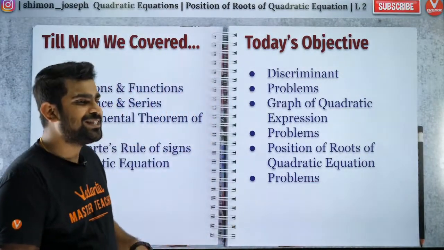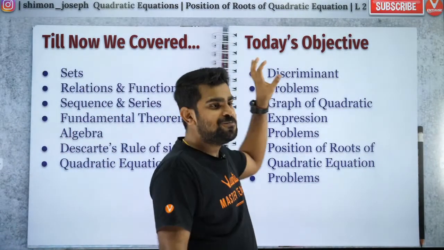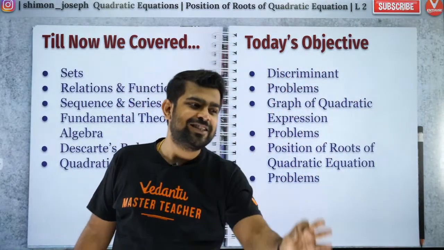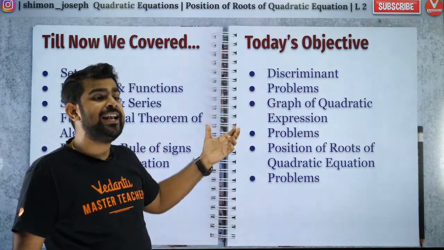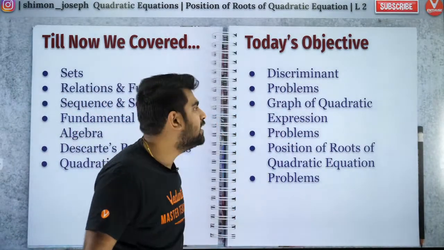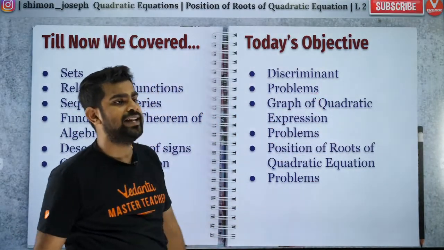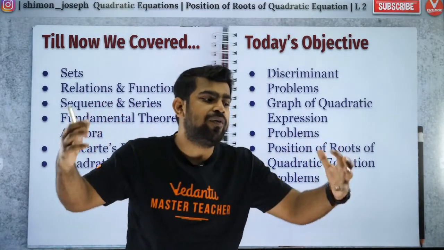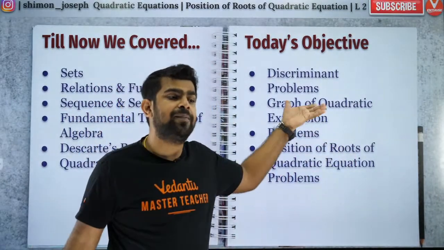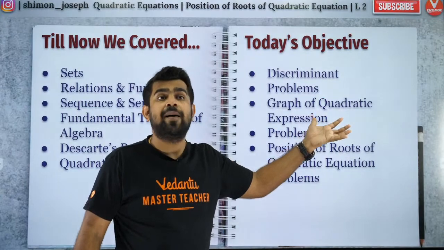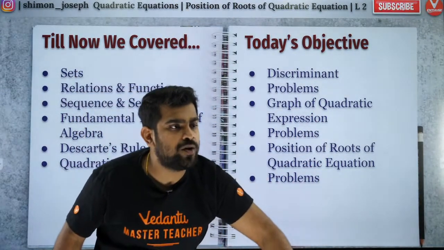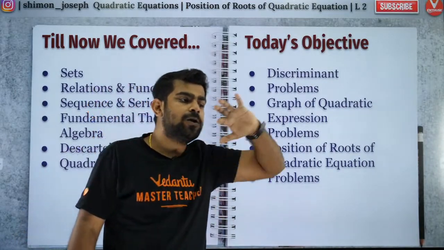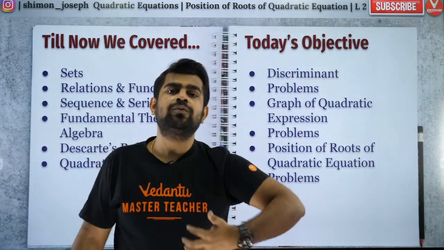So now, people, let's get started. Today I'm going to teach you what is called the discriminant, and some problems based on that. Then one important topic is the graph of a quadratic equation. How does a graph of a quadratic equation look like? I'm going to teach you how to plot it. I'm going to teach you what is the maximum value of a quadratic, the minimum value of a quadratic, and so on. I will cover all those today.